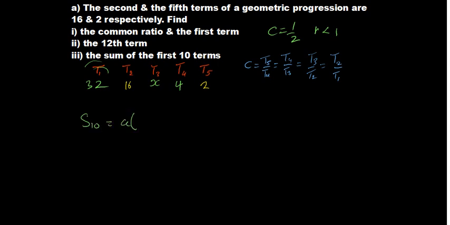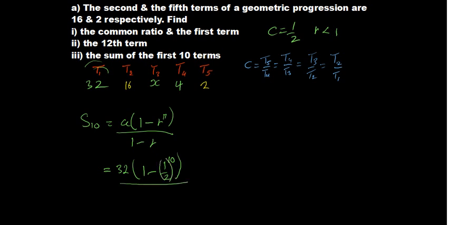We could have used r minus 1 if the common ratio was greater than 1, but in this case it's less than 1. So divide by 1 minus r again here. So what we have is our 32 here, 1 minus our r, which is 1 over 2, to the power n, in this case 10. Of course we put those in brackets, divided by 1 minus our r, 1 over 2.